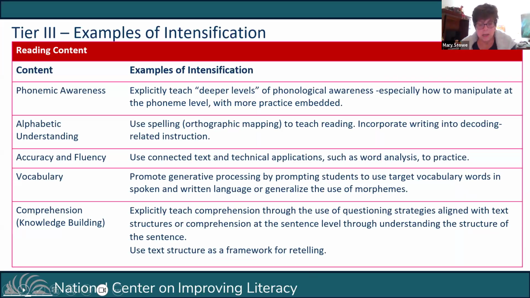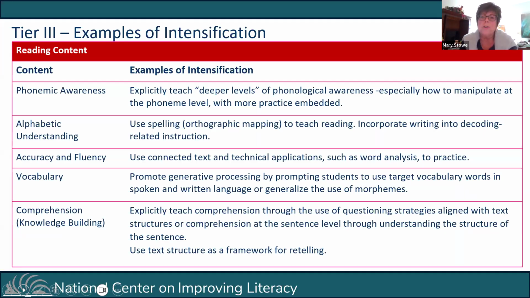So let's begin to think about examples for intensification of instruction for students. How are we going to consider what it looks like at Tier 3 in regard to the reading content section that we looked at? We know phonemic awareness is extremely important for students to engage with.